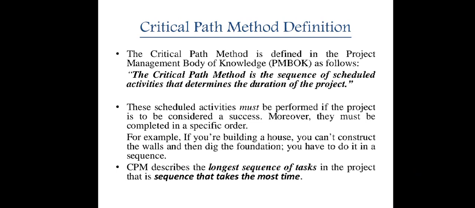The activities are to be performed one after the other, and for each activity the time period is taken and the overall duration of the project will be calculated. So this is called critical path method, and these scheduled activities must be performed if the project is to be considered a success. Moreover, they must be completed in a specific order.